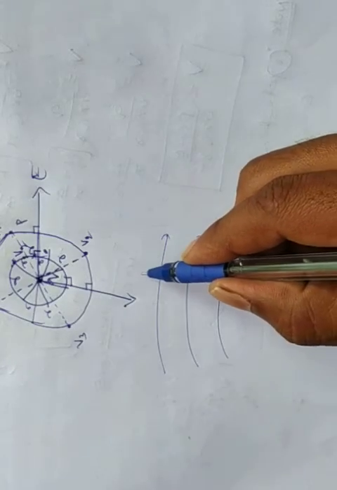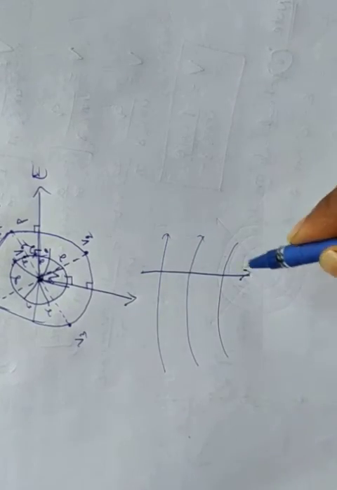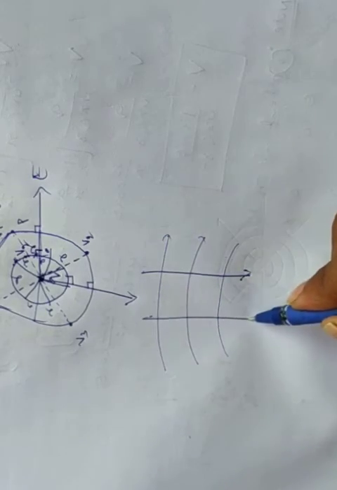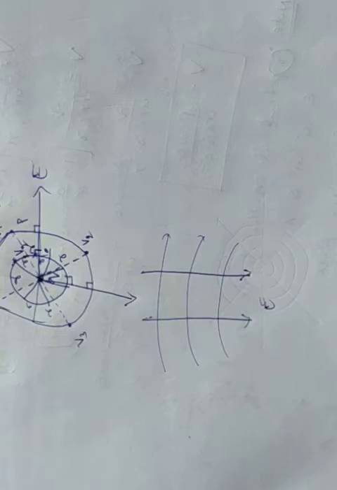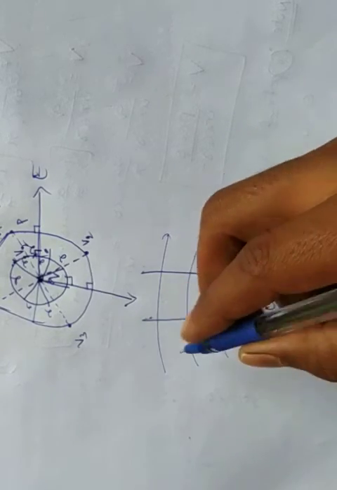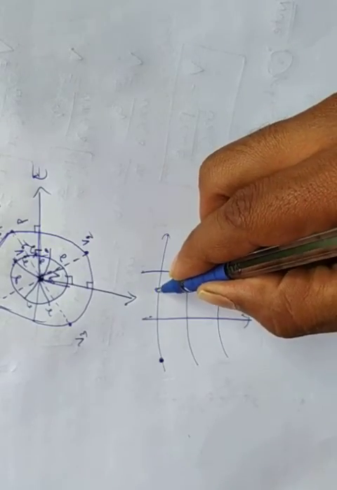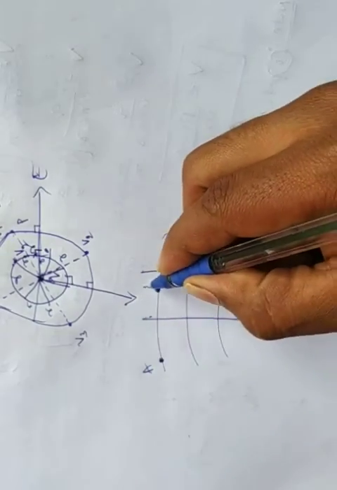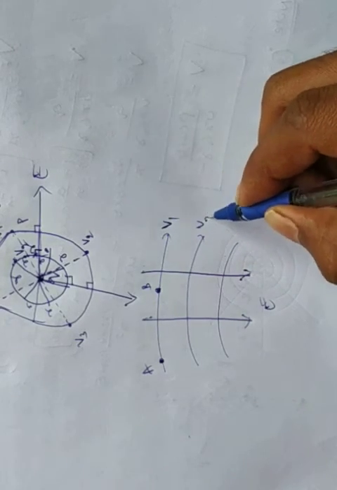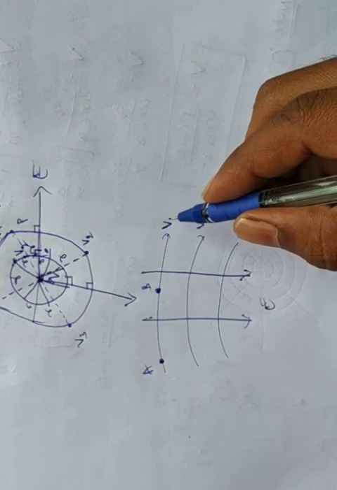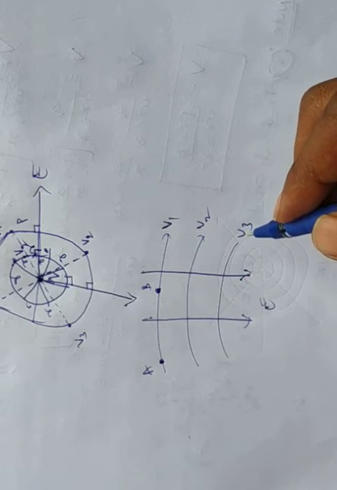For that, the electric field is normal to this equipotential surface, in the upward direction, whatever it may be. In this I want to move the charge from this point A to this point B. V1, V2, V3: V1 is an equipotential surface, V2 is an equipotential surface, V3 is an equipotential surface.